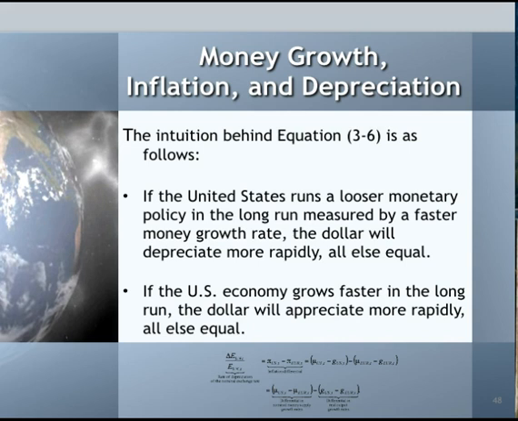Remember, when the economy grows faster, money demand grows faster. And so we would expect Y to grow faster. And so this would explain why the differential in the growth rates would increase. So remember that when they ask you questions about what you would expect of a looser monetary policy, think in terms of these equations and calculate what you would expect the impact to be on the exchange rates.